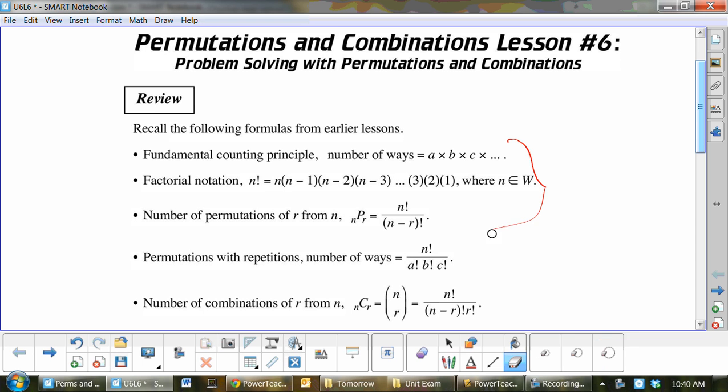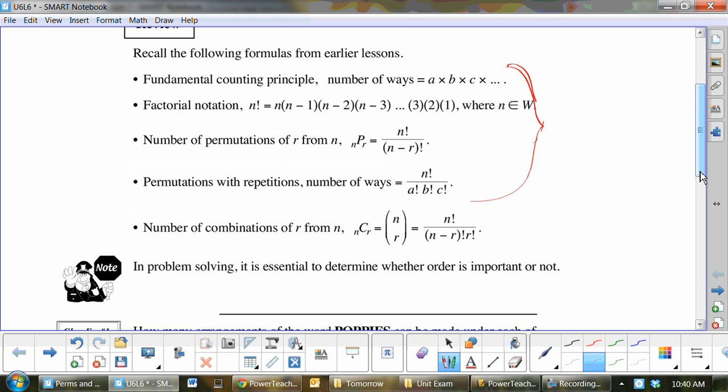Ooh, actually, let's keep going here. That's kind of all of them right there. Combinations, you're going to be using either the nCr or the n factorial over n minus r factorial. The permutations can be done many different ways.